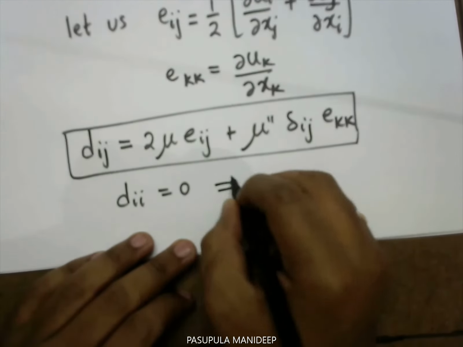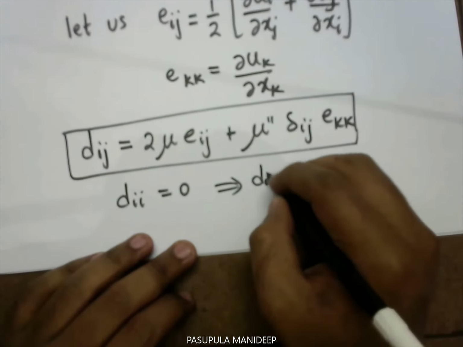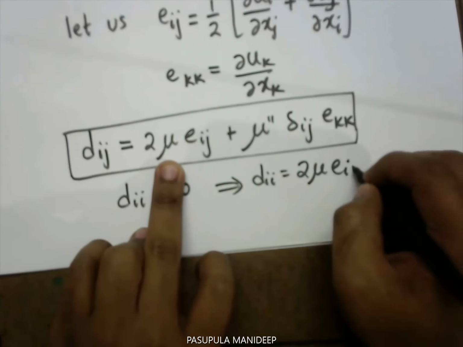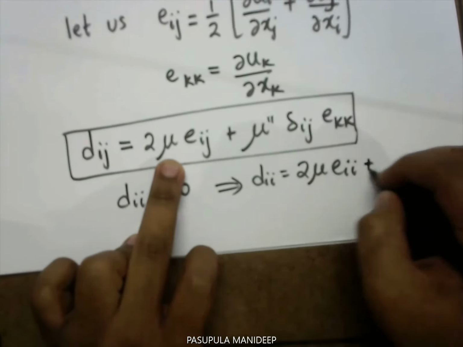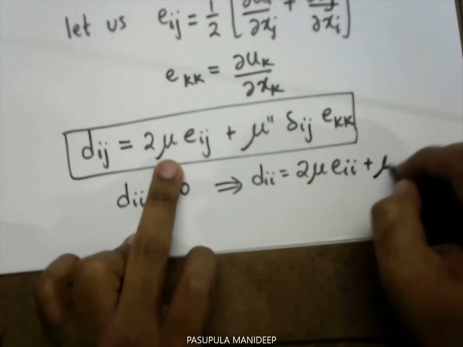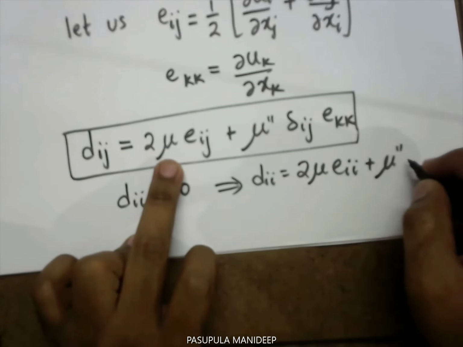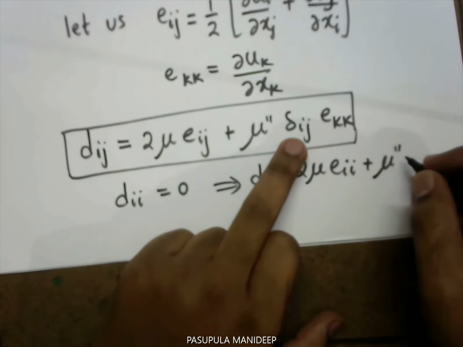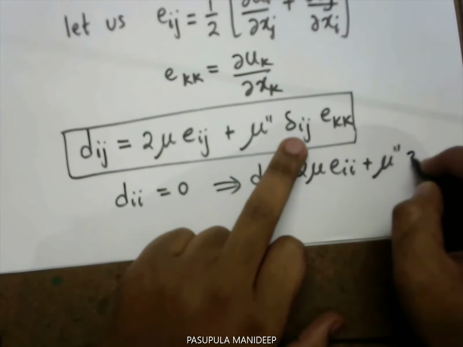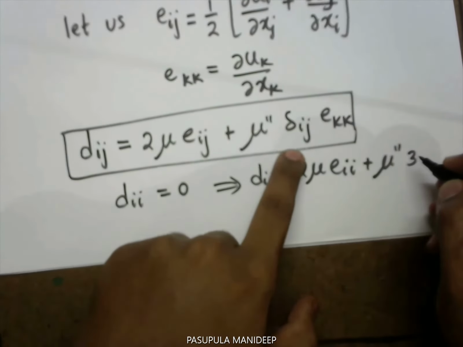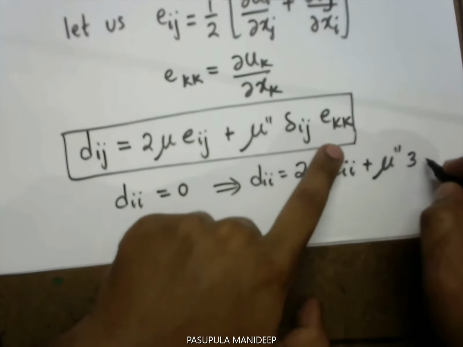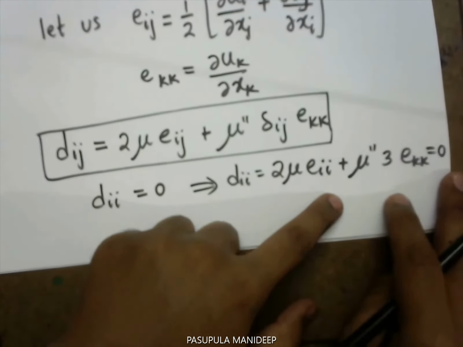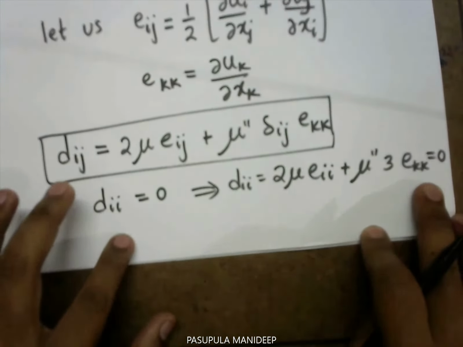That implies dii equal to 2 mu eii plus mu double prime delta ii ekk. Kronecker delta ii, the trace of the Kronecker delta, is equal to 3, and ekk, this will be equal to 0, right?